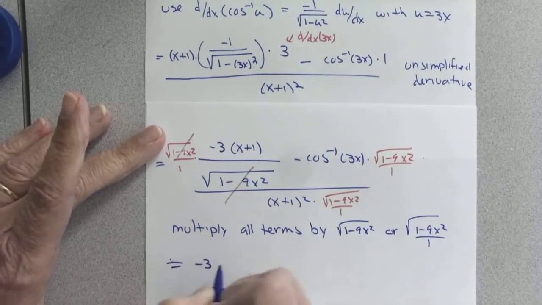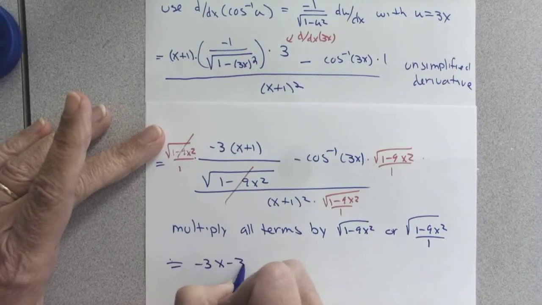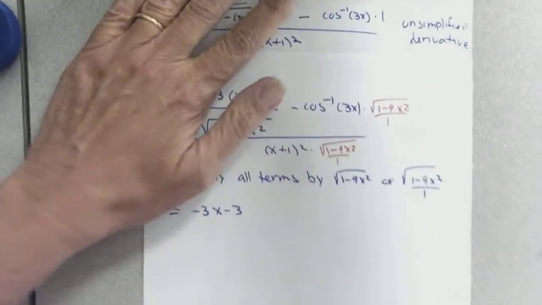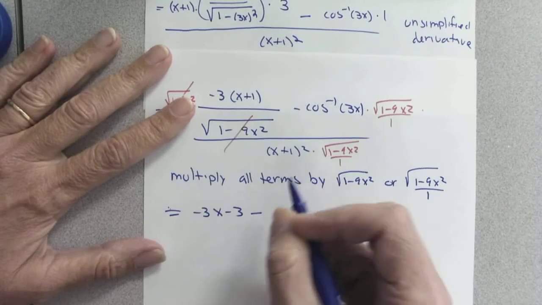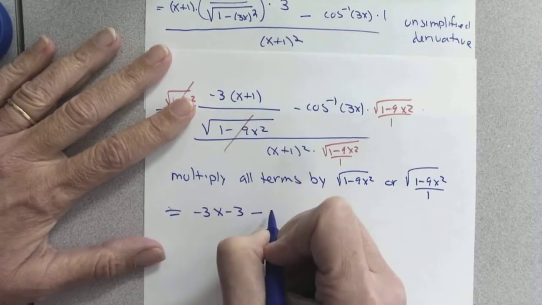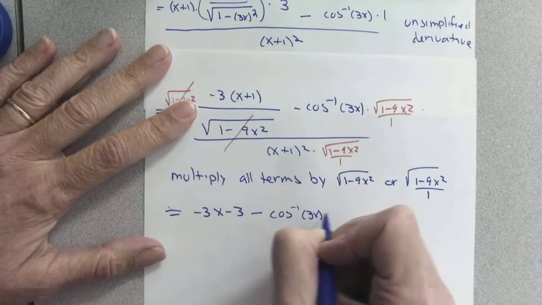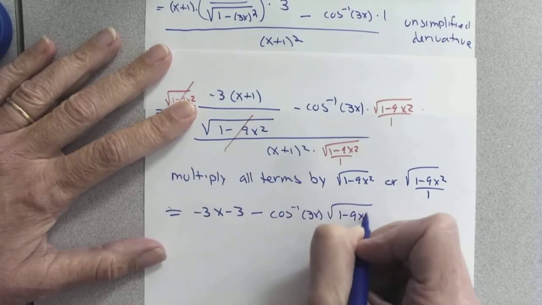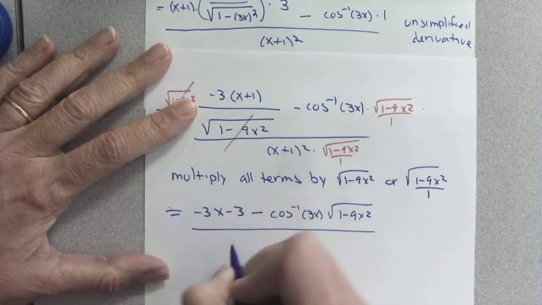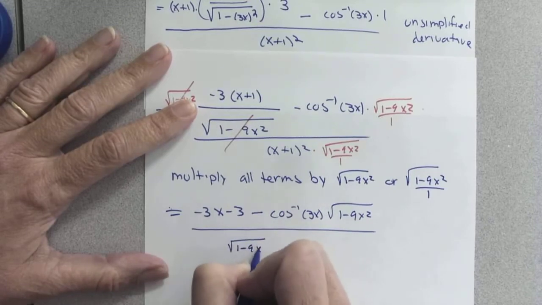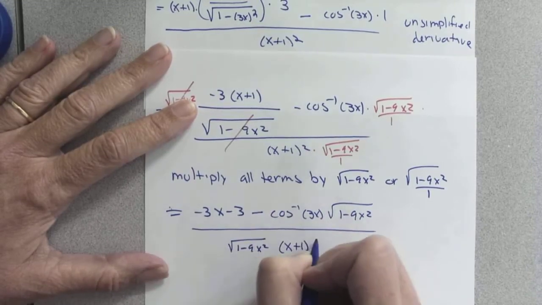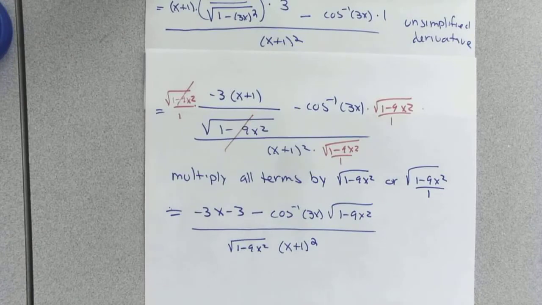Then I can distribute that -3, so -3x minus 3. On the next term, there's really nothing I can do except write those guys beside each other. And then down below, nothing I can really do except write the things beside each other.